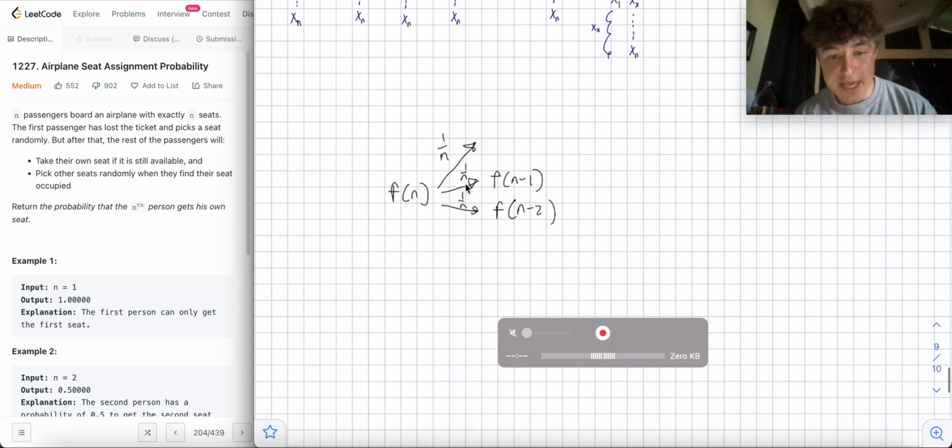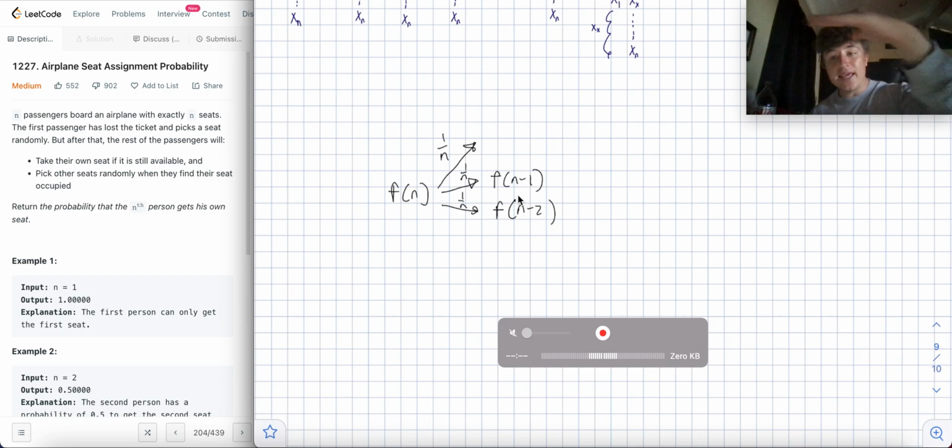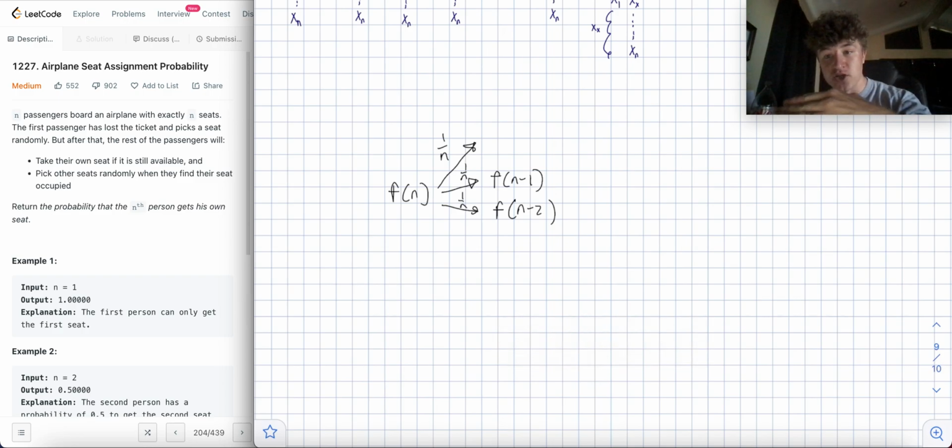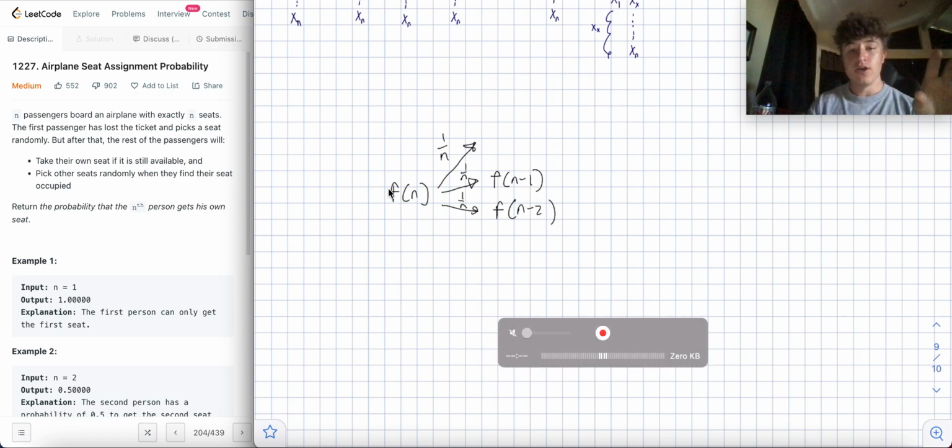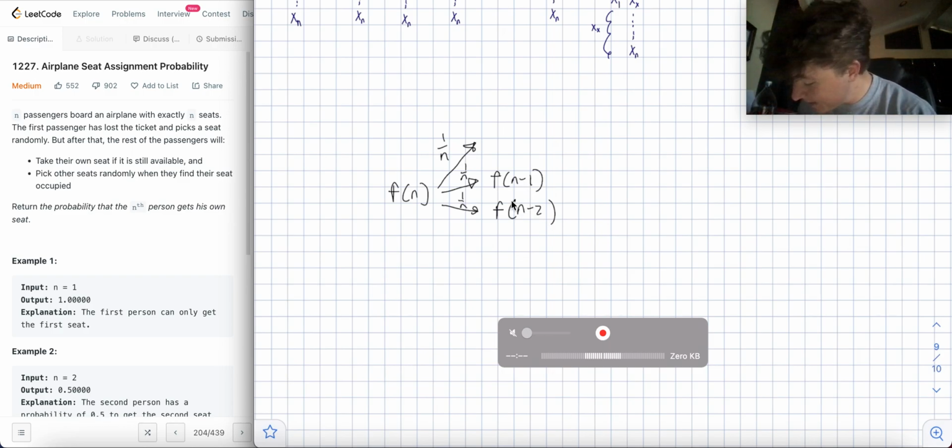If I choose B, then B is going to have to figure out and play the same game. If I choose C, then B will have its chair available, then C will have to figure it out. If I choose D, then B and C will be able to figure it out because their chairs will be open, and then D. What I'm basically saying is if A chooses A, you're done. If A chooses B, now B is going to have the same problem of having to choose a seat randomly. If A selects seat C, then B will select seat B, and now C will have the problem.